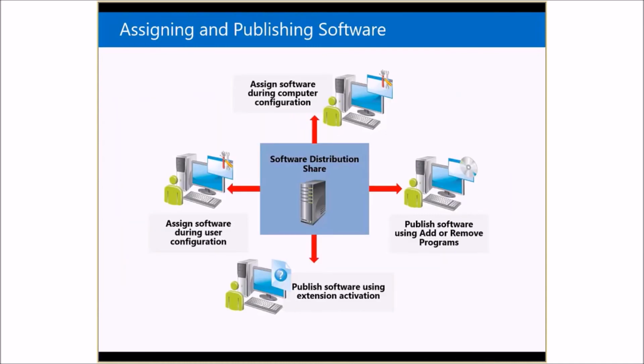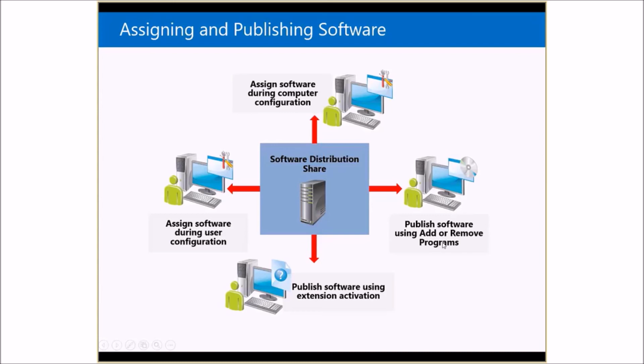We spoke about the difference between assigning and publishing software. When we assign software during computer configuration, they get it during startup. When we publish software, you might get a shortcut link on the desktop, but when you double click on that shortcut, it installs it for you at that point.